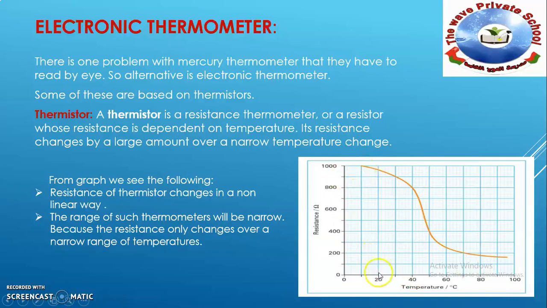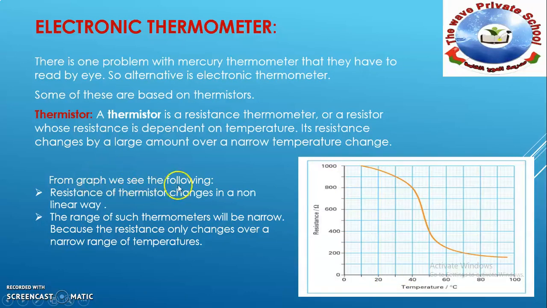Here, at 10 degrees centigrade, the resistance is 1000. But if we go to 40 degrees centigrade, just a 30 degree change, then its resistance will go to 800. So we can say that if we make a small change in temperature, then the resistance change is very large.